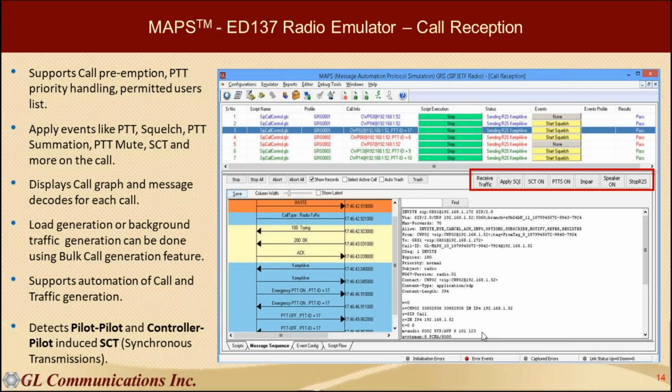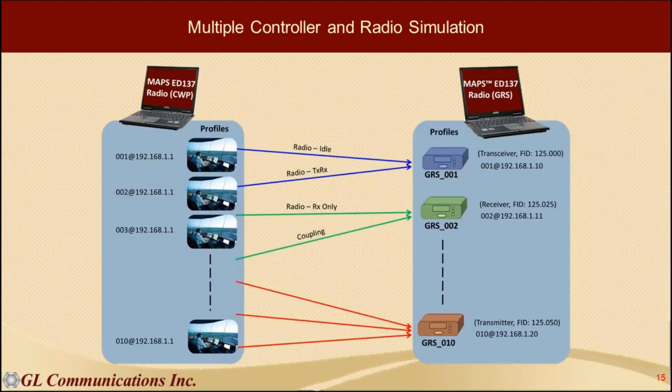It can also detect and count synchronous transmissions, which occur due to either pilot transmissions or controller transmissions. So this slide shows how we can simulate hundreds of controllers or radios to simulate different radio call types.